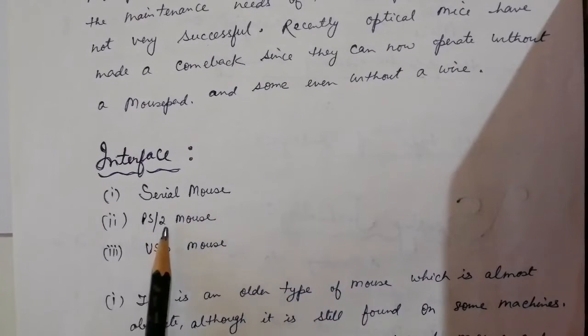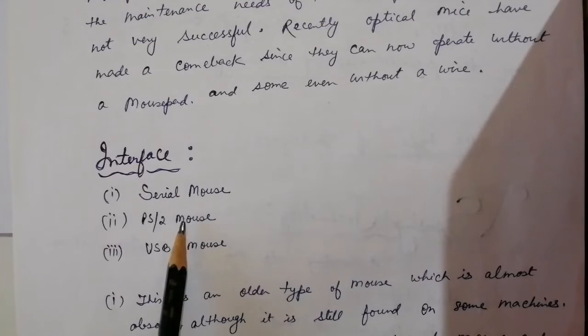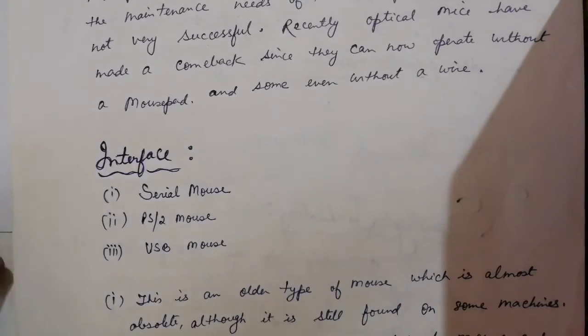As far as the serial mouse is concerned, it contains 9 pins, and PS2 mouse contains 6 pins, and we plug that into the socket of the computer. That is PS2 mouse. And the third one is USB mouse, which is very common nowadays.